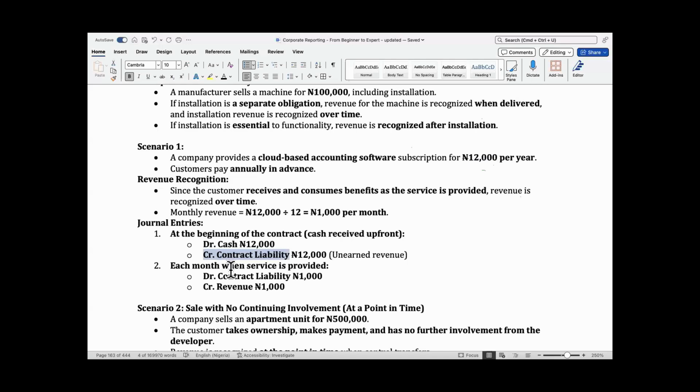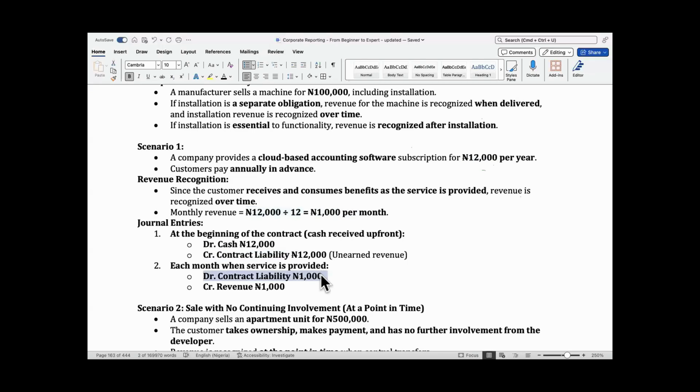Every month, as you are offering the service, since it's 12,000 for one year, 12,000 divided by 12 months means you are going to be recognizing 1,000 naira every month. So you simply debit contract liability and credit revenue, every month, every month, every month.